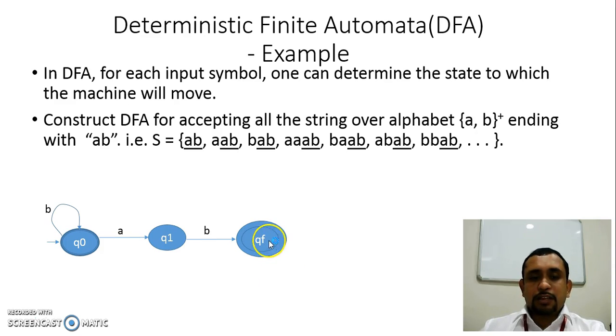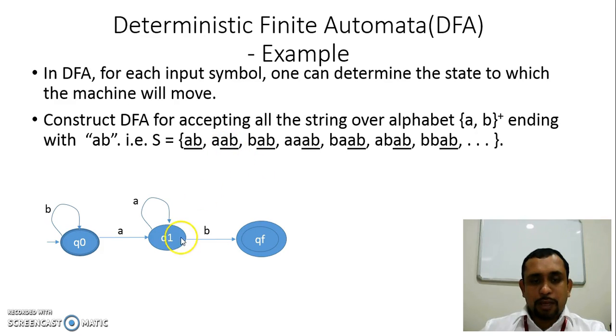Let's consider another case like A followed by AB. What will happen in this case? If we have first A followed by B, then it is this. But if we have multiple A's followed by B, it still satisfies the criteria of ending with AB, like this, A followed by B. So for this first A, we have this transition.